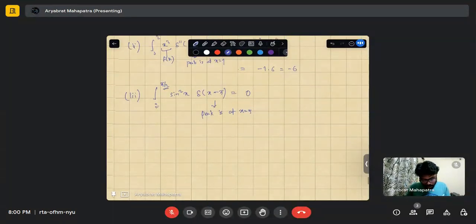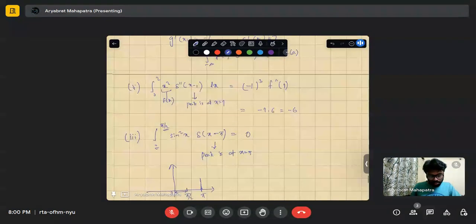So this is 0, this is pi by 2 and this is pi. So your delta function is on this point. But when you integrate this with a delta function from 0 to pi by 2, in this limit you don't have any delta function, so effectively the value of the integral will be 0. So that is how you do it.